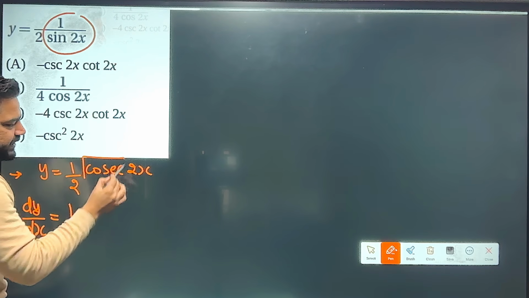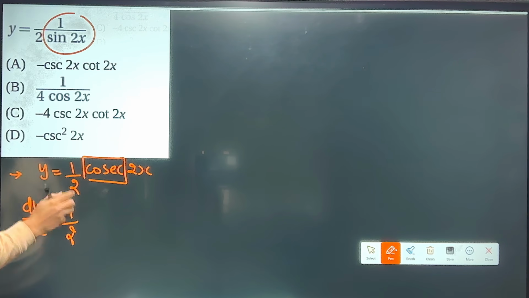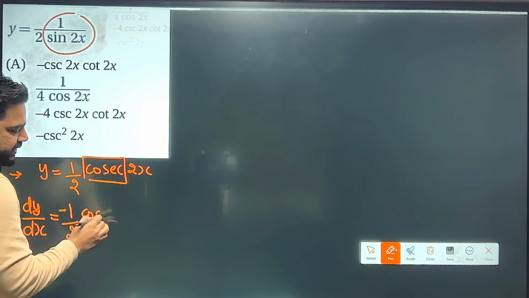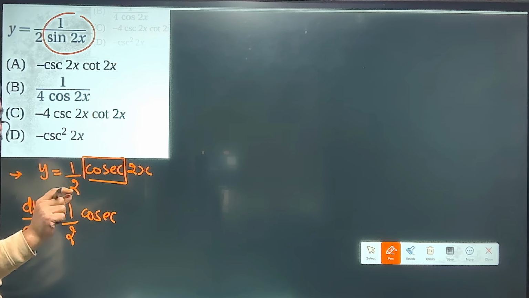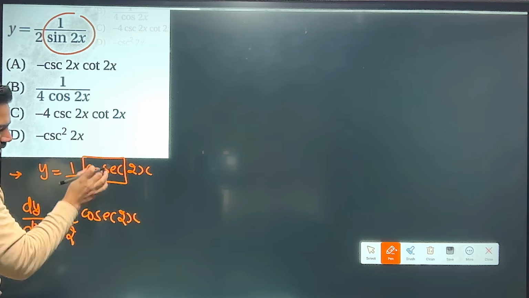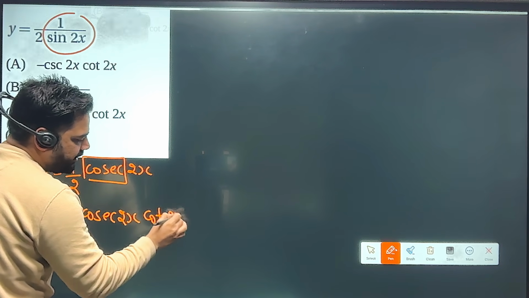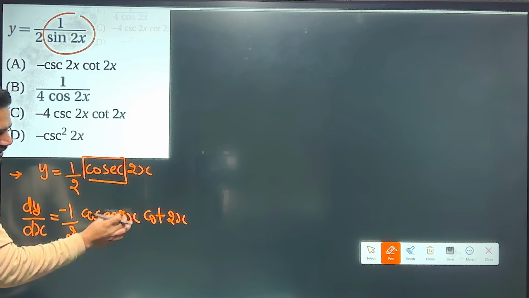Now what is the differentiation of cosec? The cosec differentiation, as we just wrote, is minus cosec x cot x, and the angle we should not change, the angle will remain the same, this 2x will remain the same in both of them.